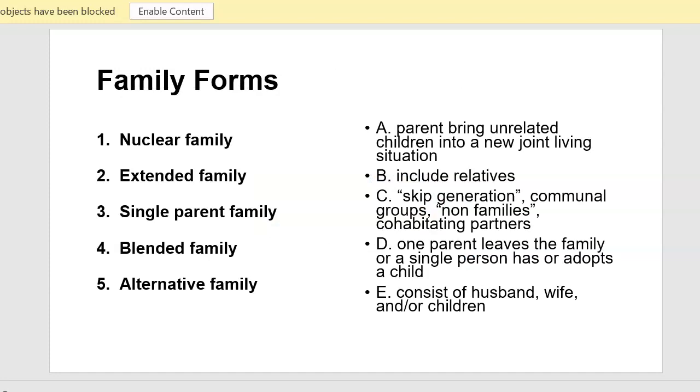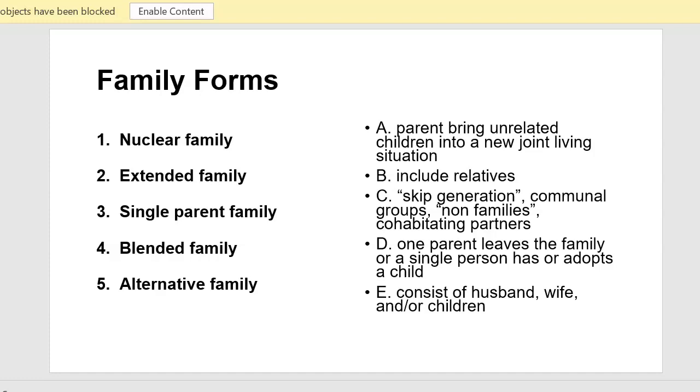So a nuclear family consists of a husband and a wife and maybe one or two or more children. Extended family includes relatives like aunts, uncles, cousins, grandparents, in addition to the nuclear family.